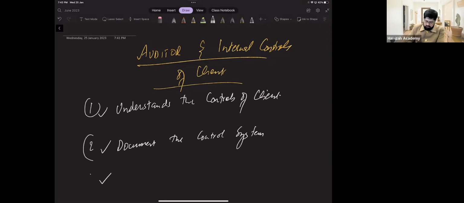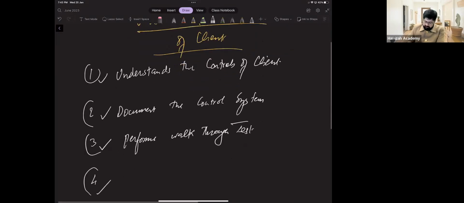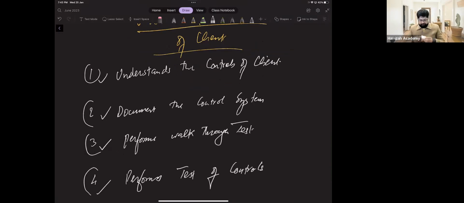Three, perform walkthrough test. Four, perform test of controls. So four things are there.